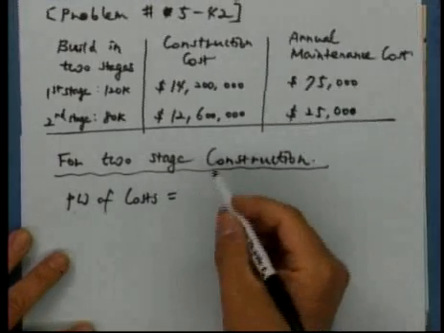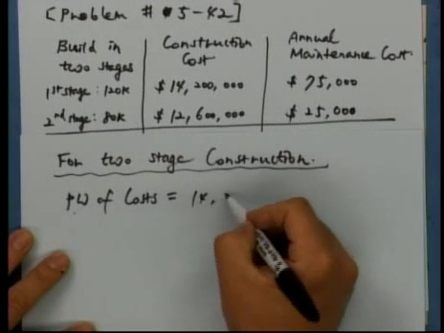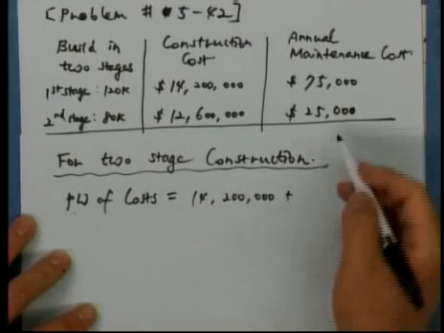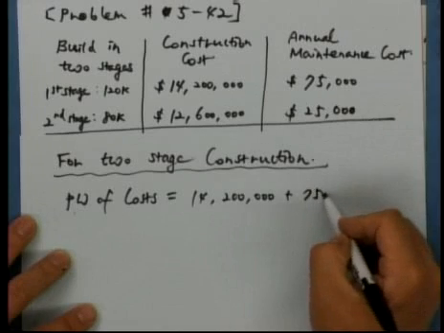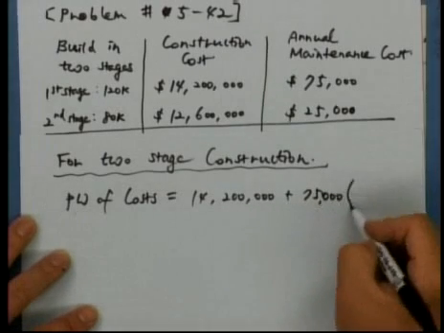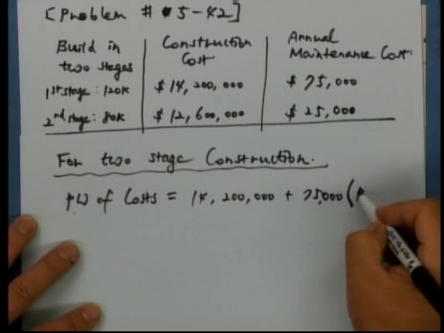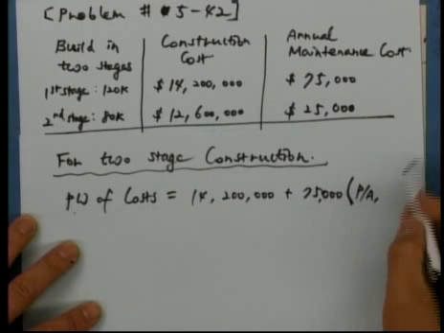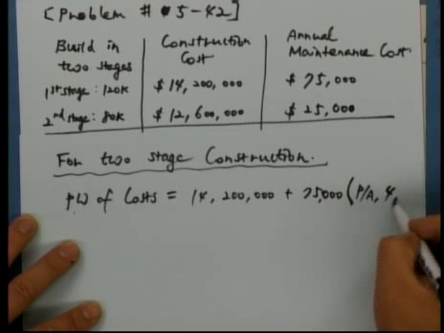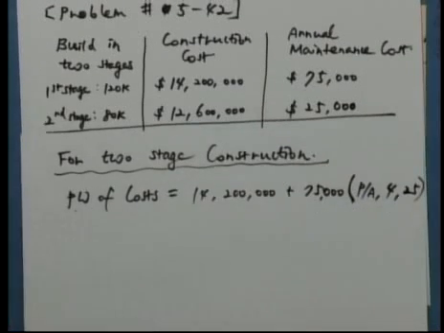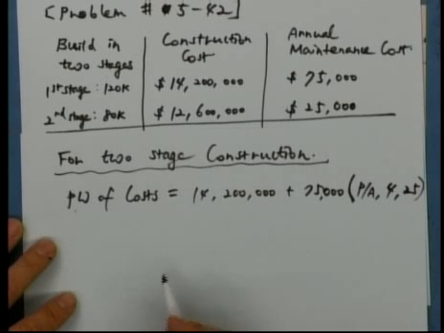So it's going to be $14,200,000 plus $75,000 for the next 25 years. So it's got to be converted to the equivalent present sum of money. So multiply by P given A, 4% over 25 years.